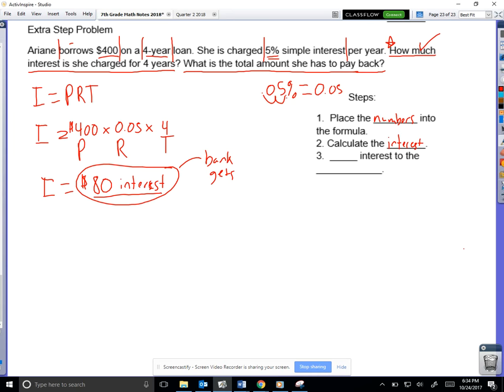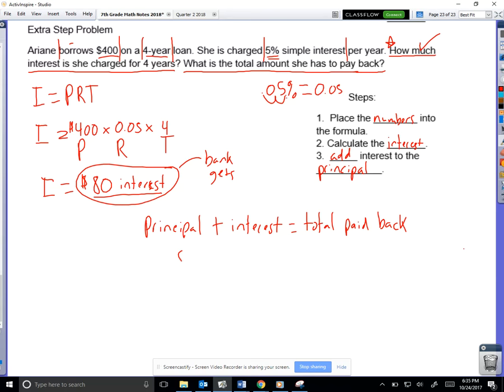She has to pay back the principal plus the interest, and that's going to equal the total paid back. So step number 3, we're going to add the interest to the principal, and that's going to get the total that she has to pay back.